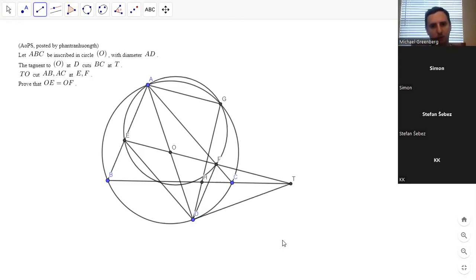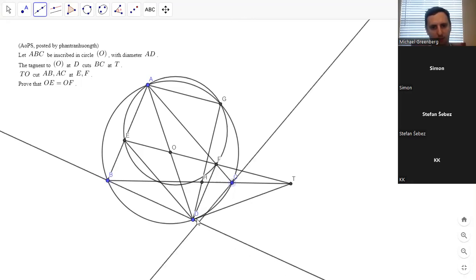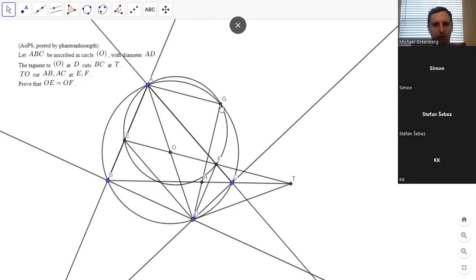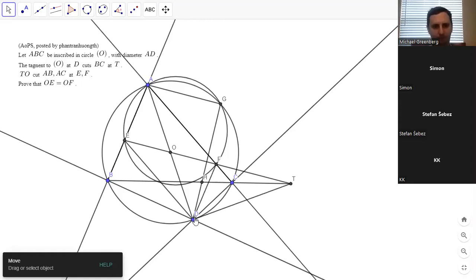Okay, we will convert this to an orthocenter problem. Intersect BD and CD with AB and AC. So D would be the orthocenter of that triangle. Could I delete point G? No, it is important.